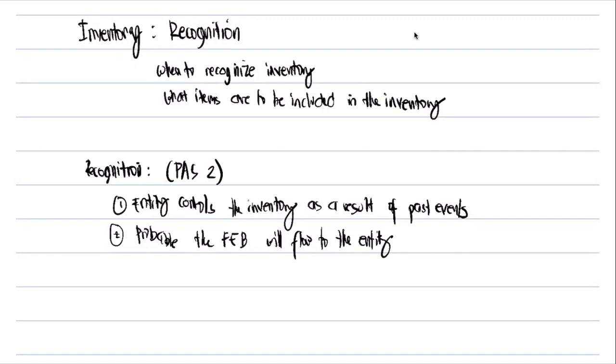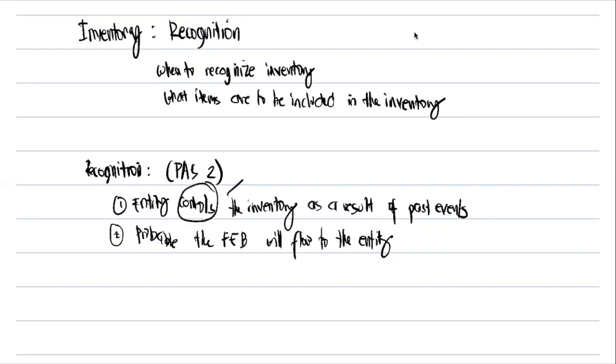Now, on the first one, it said that the entity must control the inventory as a result of past events. No problem with past events. You already know that in your AE 100. One thing that we need to discuss more is the control.